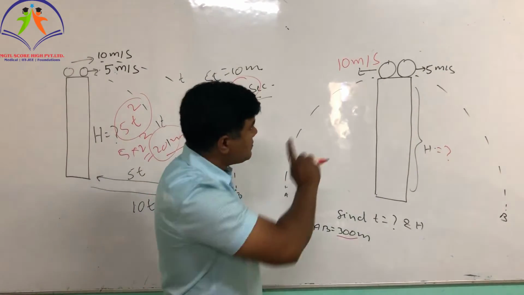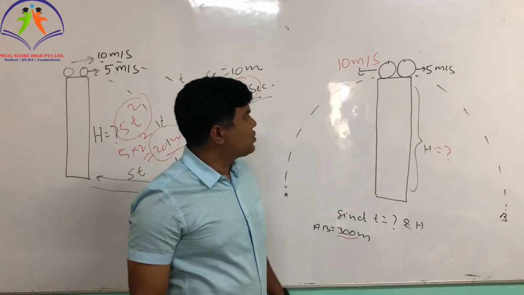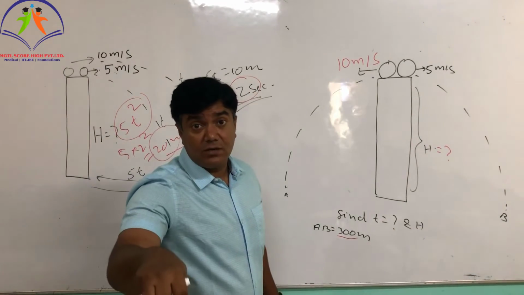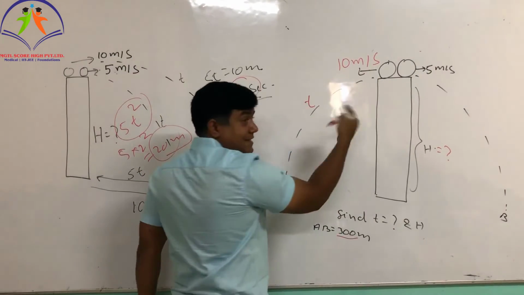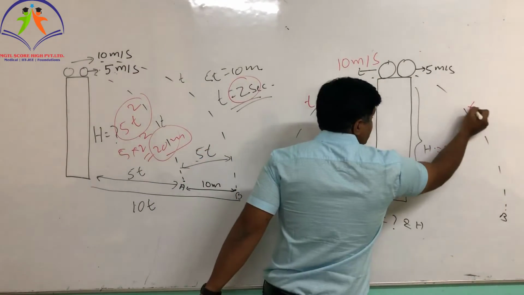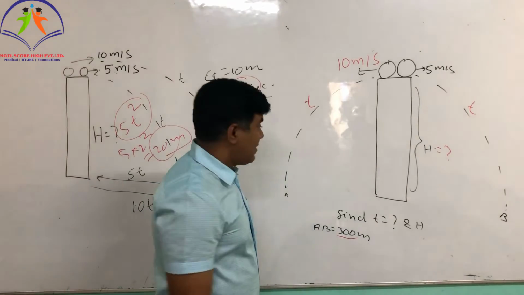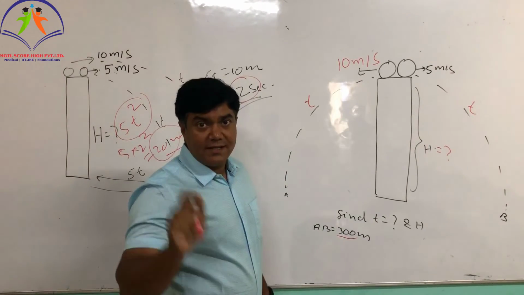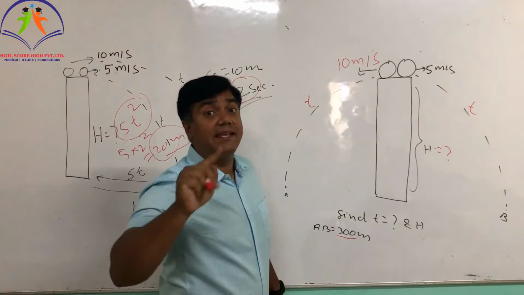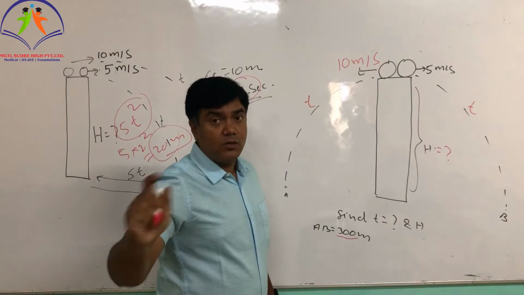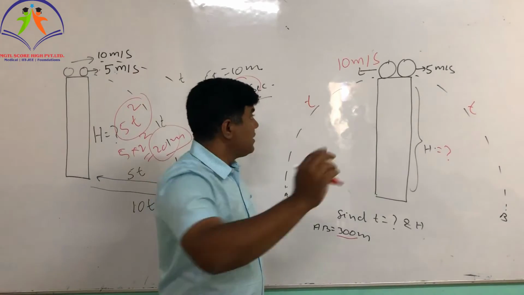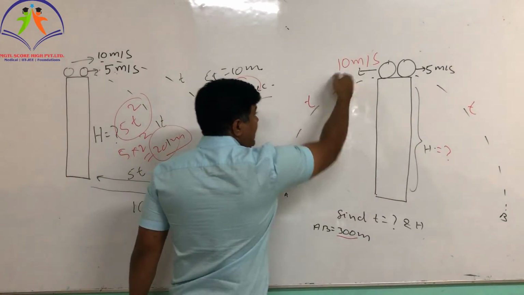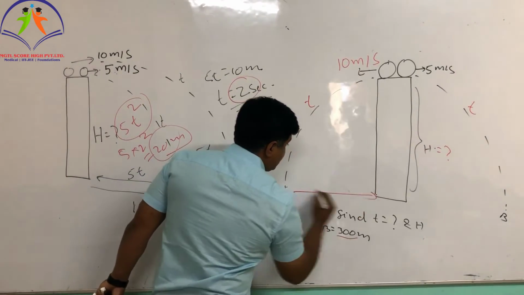Same method. Both stones will reach the ground in the same time because they are thrown from the same height. So the 10 meter per second stone takes t time, and the 5 meter per second stone also takes t time. Horizontal distance is speed into time. Don't use the horizontal range formula u square sine 2 theta by g. For this stone, 10 into t, so the distance is 10t.